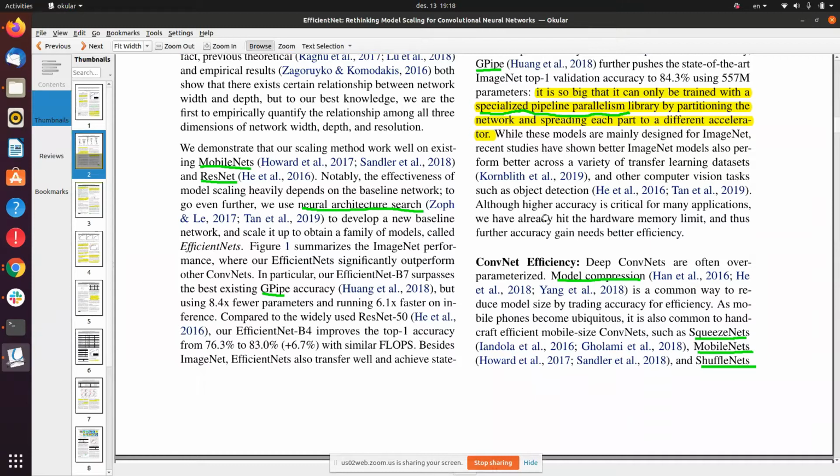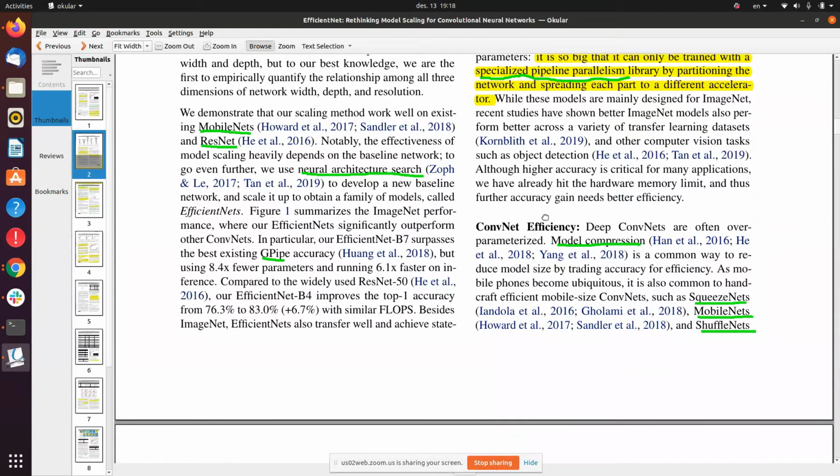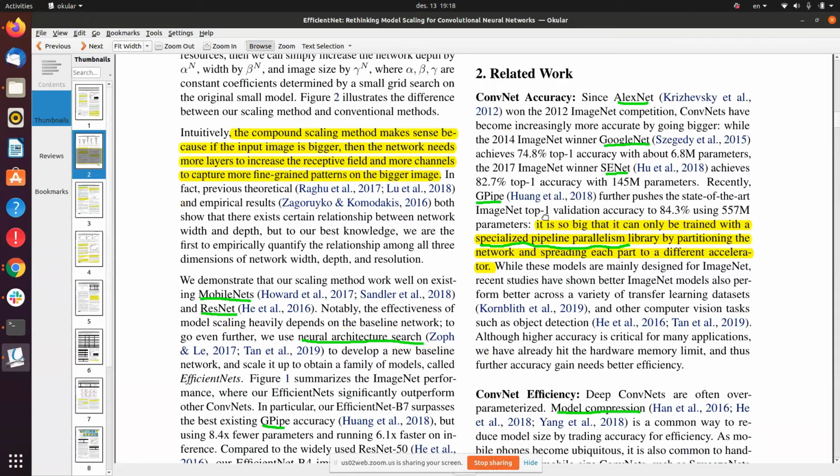Then if you go further down, next they have mentioned something about efficiency. The first section concentrated on how to improve the accuracy by just increasing the number of layers, or increasing the width of the network, or increasing the resolution.